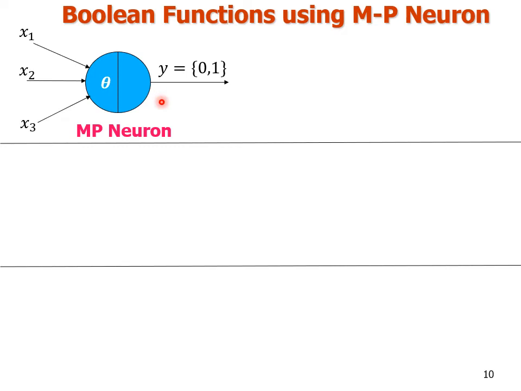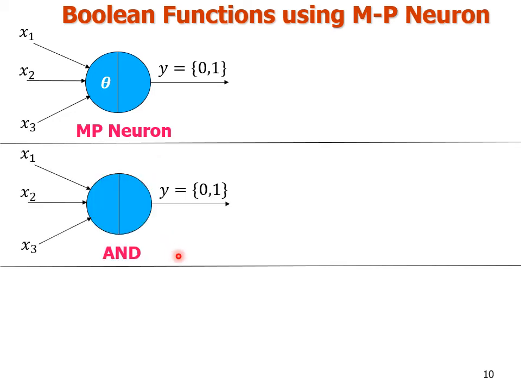So let us try to learn now the Boolean function AND. When it will be fired, we want all the inputs to be 1 to have the output as 1. That means if all the inputs are on, then only the neuron will be fired.